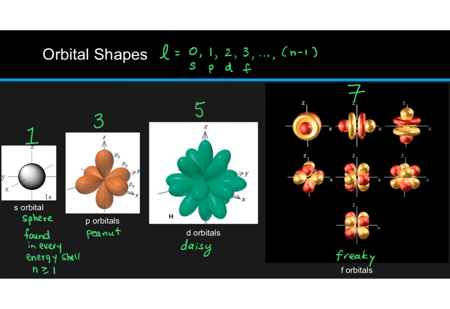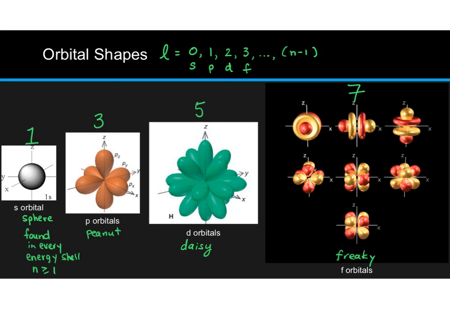For p orbitals, though, whose orbital angular momentum quantum number is 1, we cannot house a p orbital in the first energy shell. But beginning on the second energy shelf, where n is 2, and 2 minus 1 is 1, we can begin to house p orbitals.